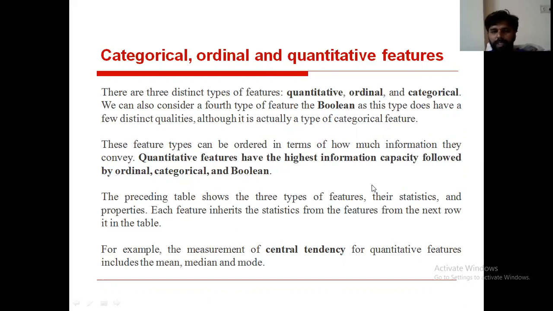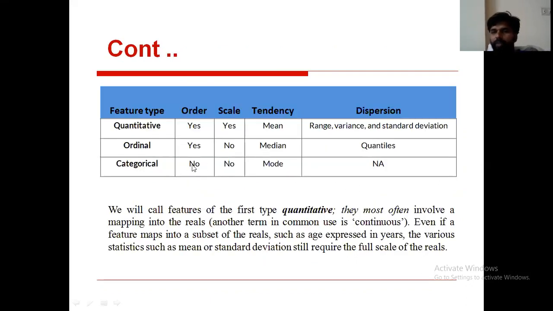The Boolean features are either true or false. Boolean features also contain very little information, whereas more information is available in quantitative variables, quantitative attributes.